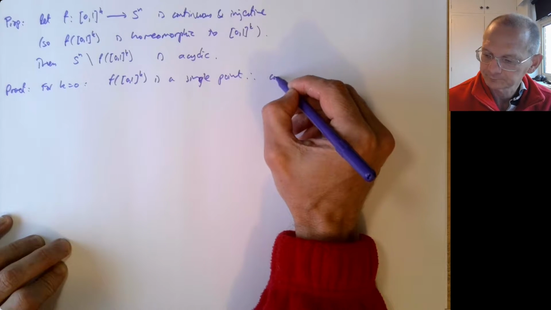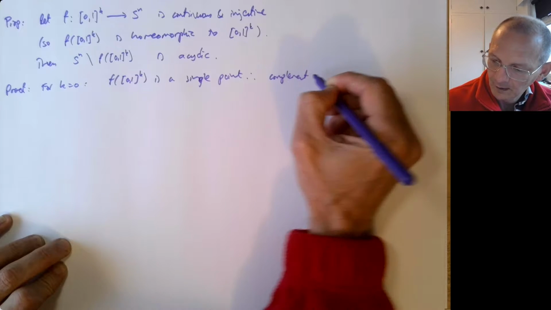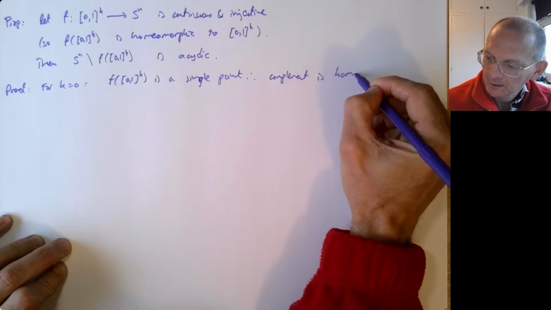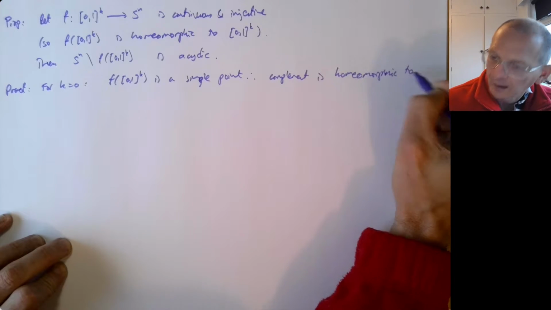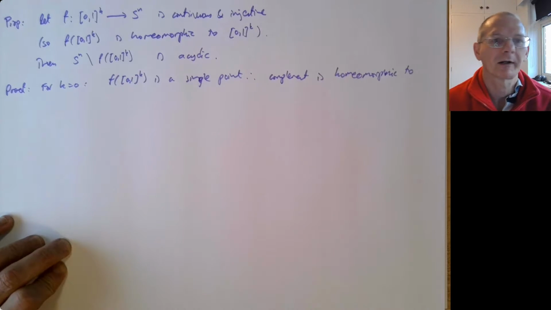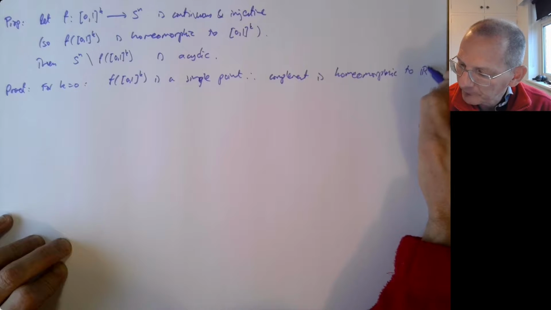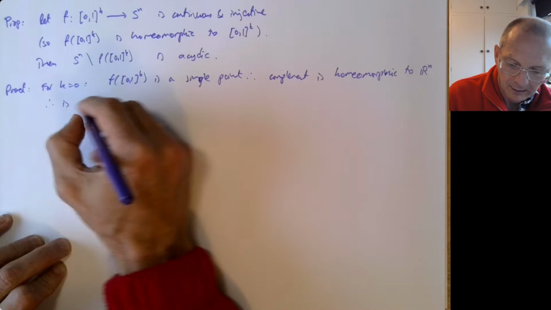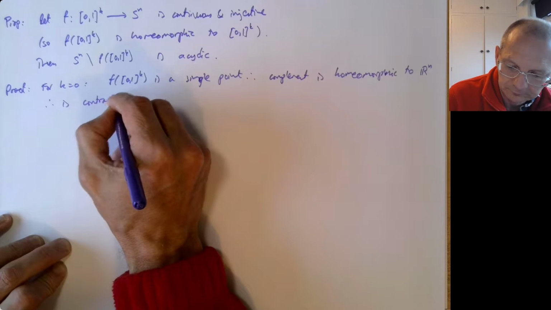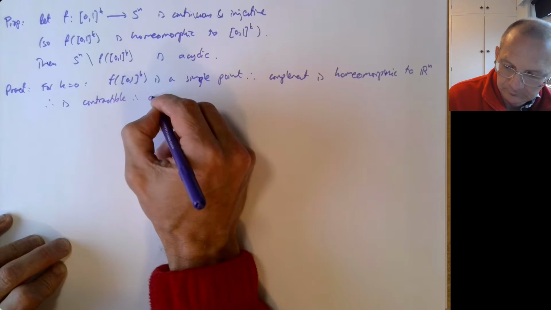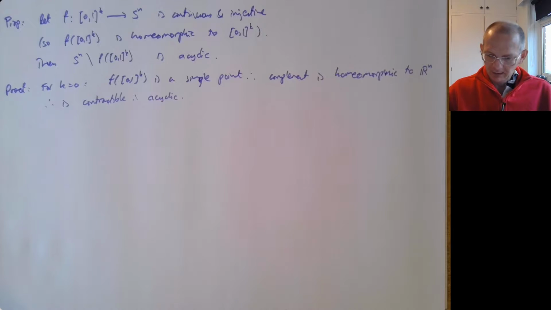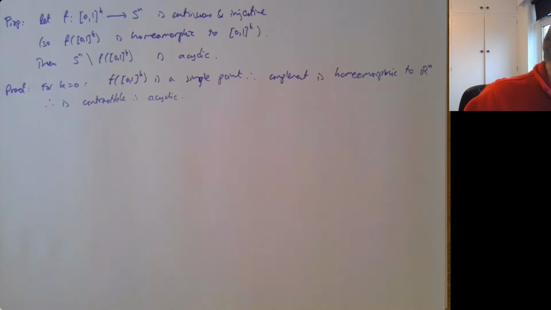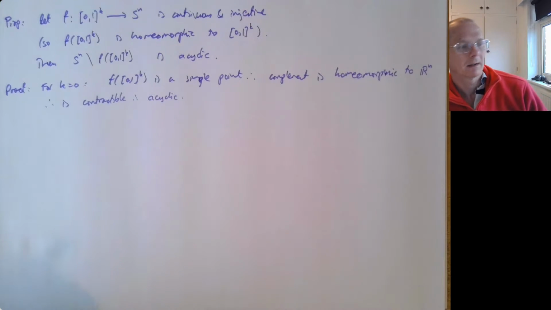So the complement is going to be homeomorphic by stereographic projection to R^n. So the complement is contractible, and therefore it's acyclic.